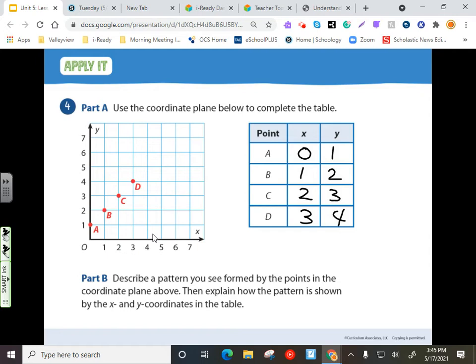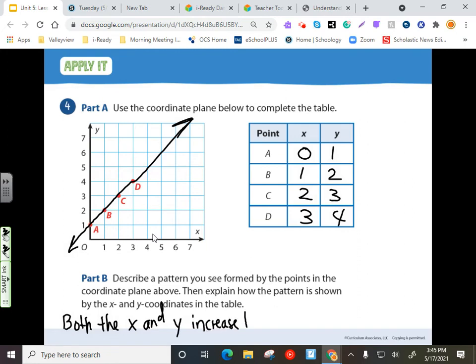Describe a pattern you see formed by the points in the coordinate plane above. Then explain how the pattern is shown by the x and y coordinates in the table. So this plainly is a straight line, because everything moves uniformly there as far as the points go. And to describe what we're seeing in the table, to represent that line is both the x and y increase by 1.